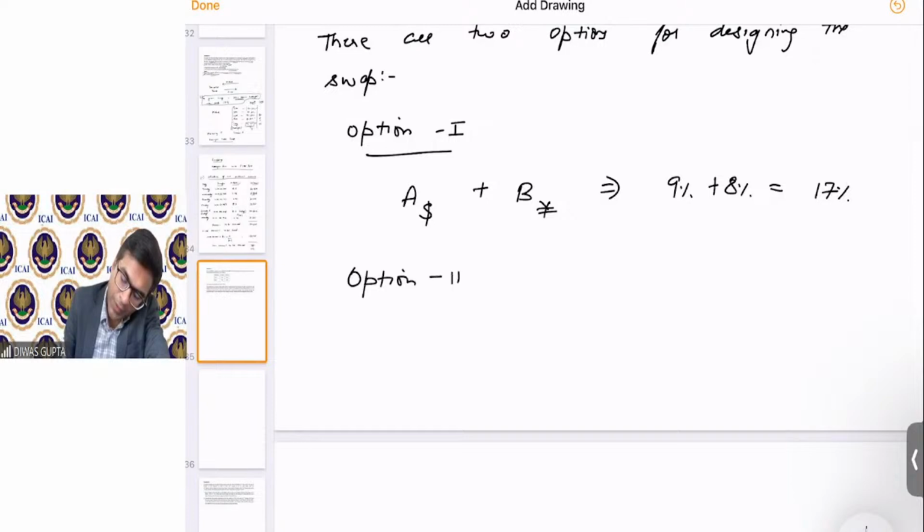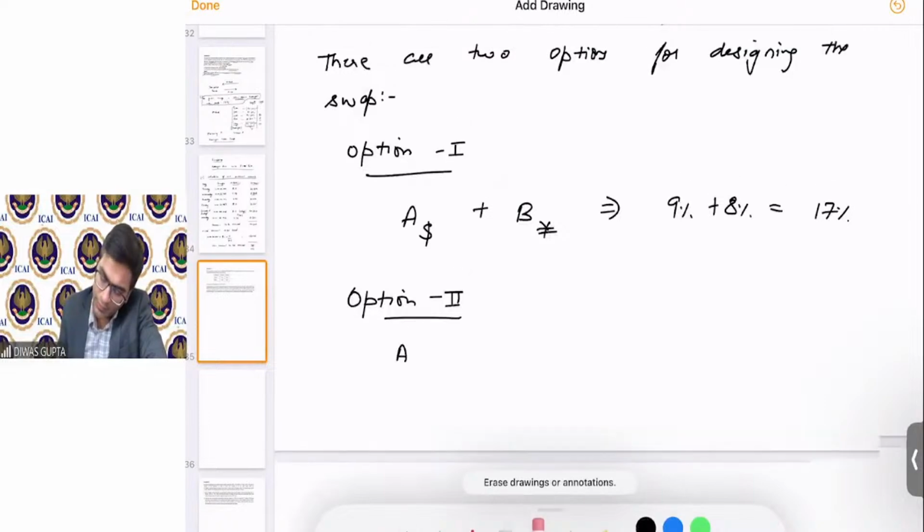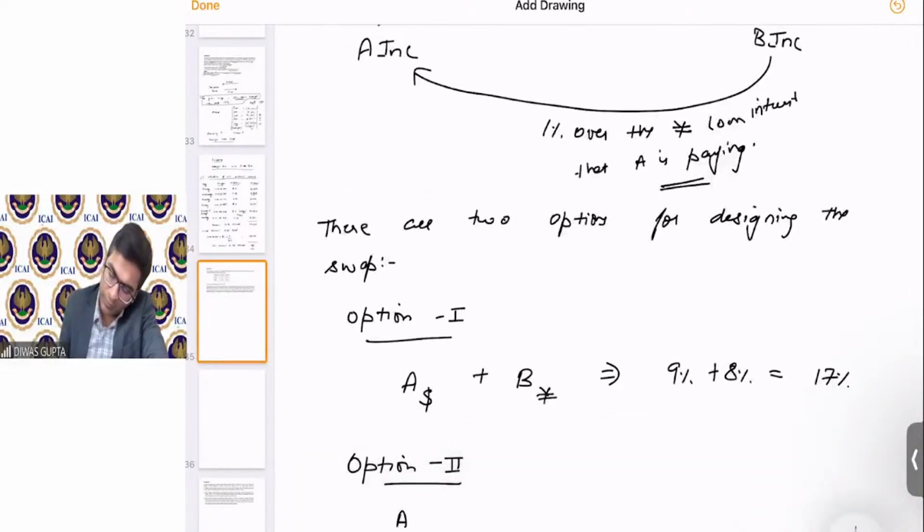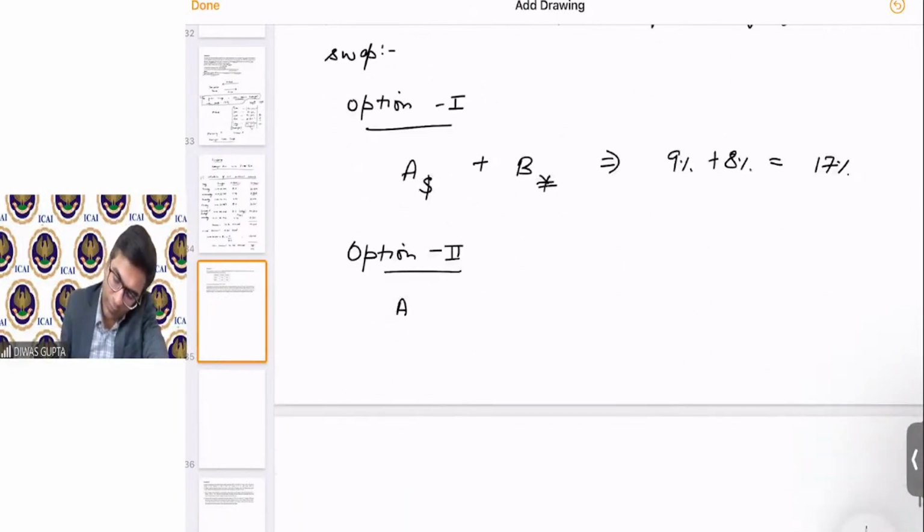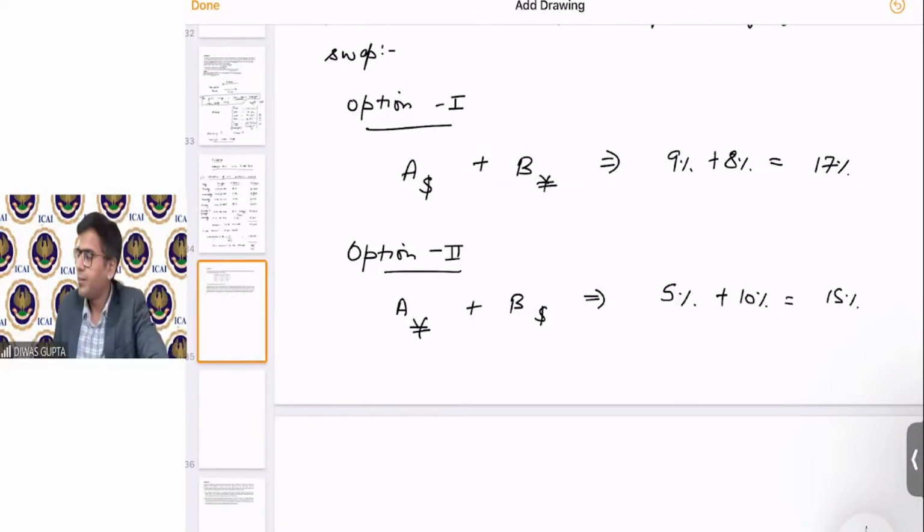Let's think about option 2. A borrows in yen terms. B borrows in dollar terms. So this is 5% plus 10% is equal to 15%.